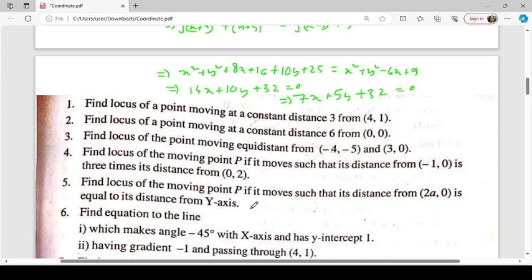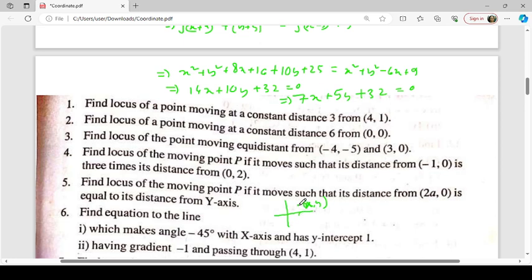Find the locus of a moving point whose distance from this is equal to its distance from the y-axis. So what is the distance of a point from the y-axis? Distance of P from the y-axis. So when we write the coordinates, this is P. If its coordinate is x, y, then this is x, this is x, this is y.